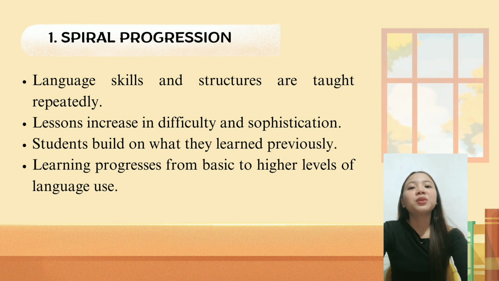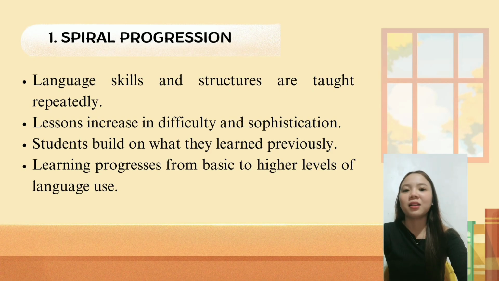So let's proceed to the first principle, the spiral progression. Spiral progression means that language skills and structures are taught repeatedly. However, as students move to a higher level, the lessons become more difficult and more advanced. For example, students may first learn simple sentences. Later, they use those skills to write paragraphs, essays, and more complex texts.